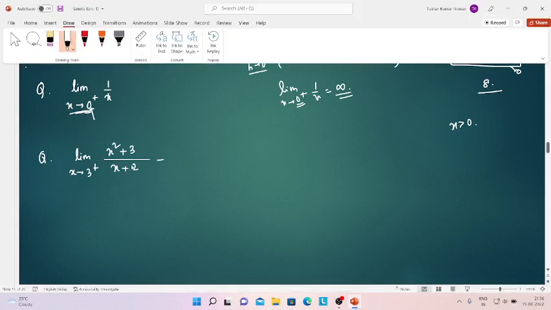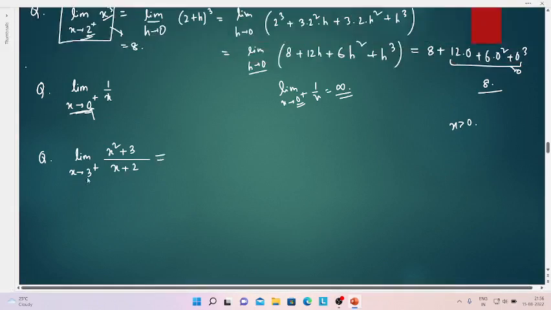Okay, let's move to the next question, which is limit x tends to 3 plus of (x square plus 3) upon (x plus 2). Since 3 is non-zero, let x equals 3 plus h. So the limit will become limit h tends to 0. The numerator will become (3 plus h) whole square plus 3, and the denominator will become 3 plus h plus 2.